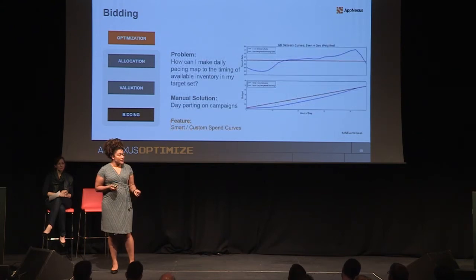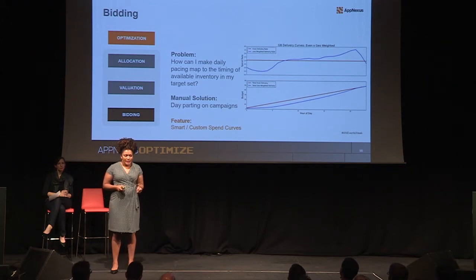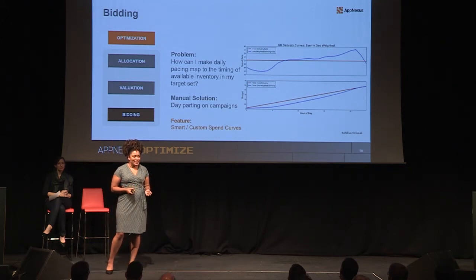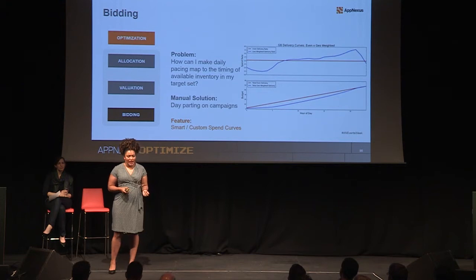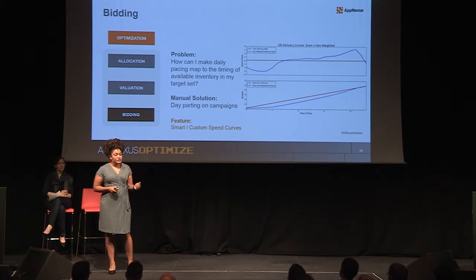The first of these is custom or smart spend curves. Now, if you have a campaign that's actually targeting the UK, today, what we'll do is we'll try to pace toward a linear spend curve. So every single hour of the day is allocated the exact same amount of budget.